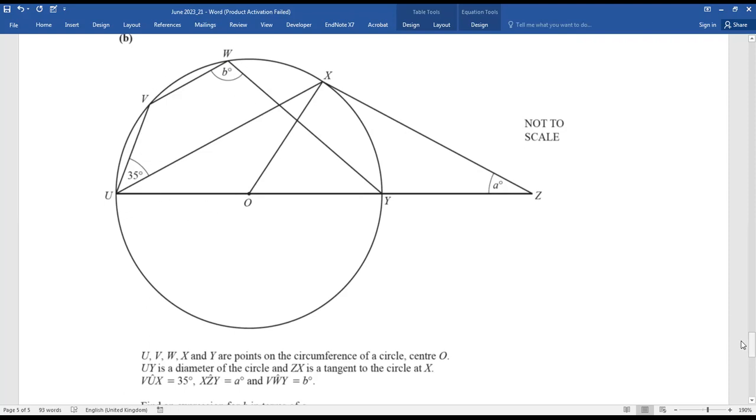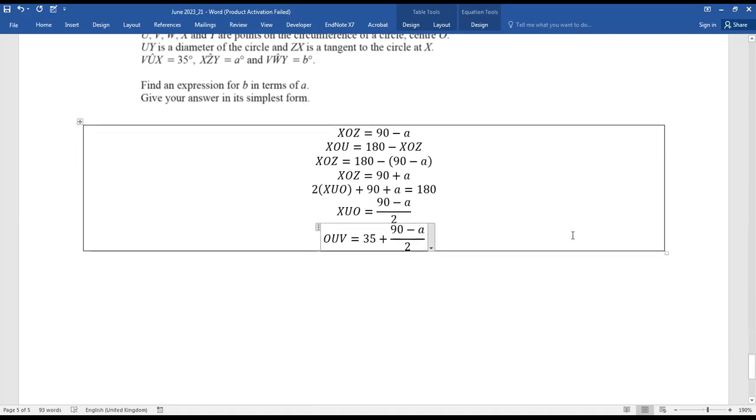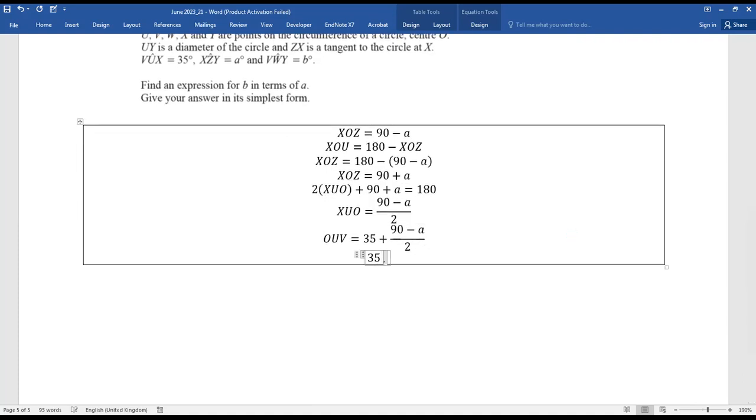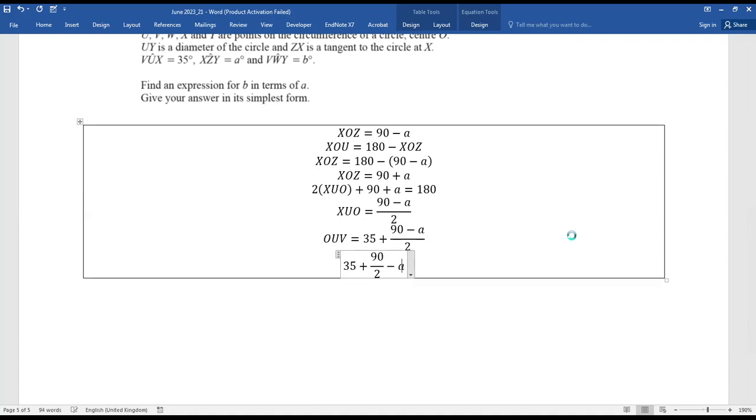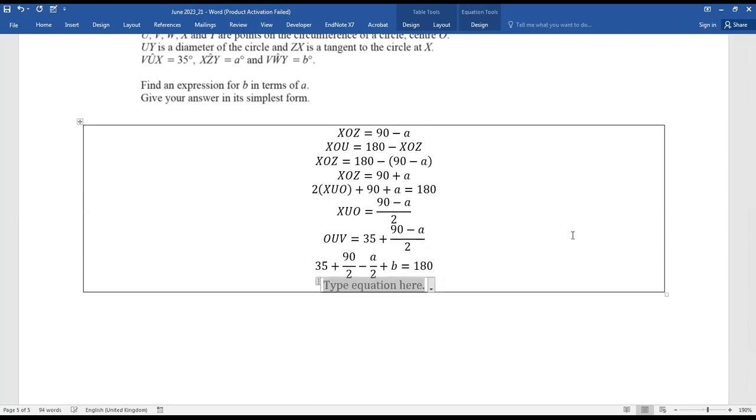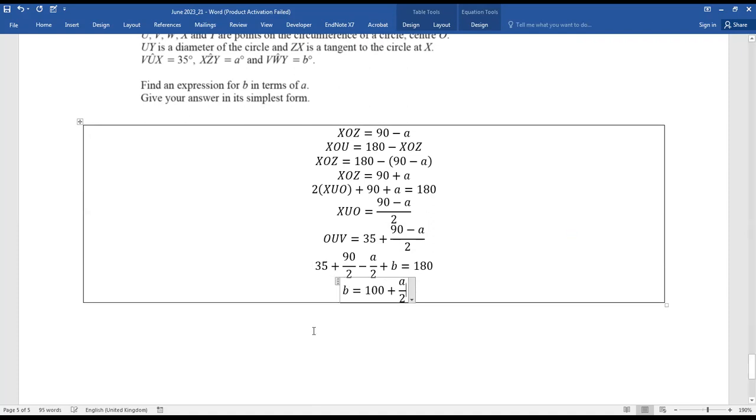So their sum should be equal to 180. So 35 plus 90 upon 2 minus A upon 2 plus B should be equal to 180. So 35 plus 45 is 80. So B is equal to 100 plus A upon 2. So this is the expression for B in terms of A.